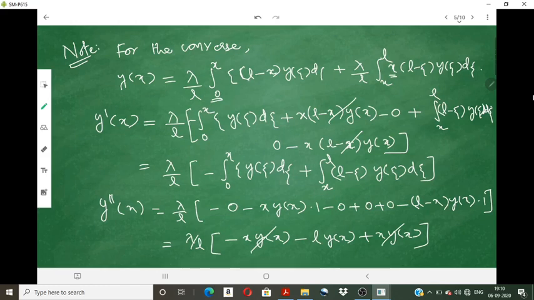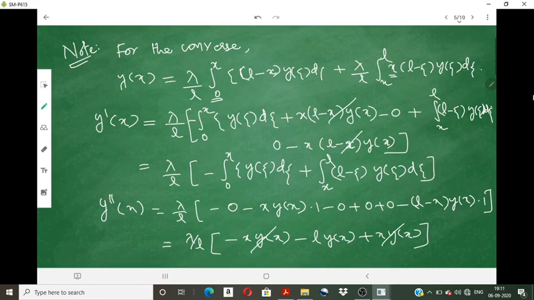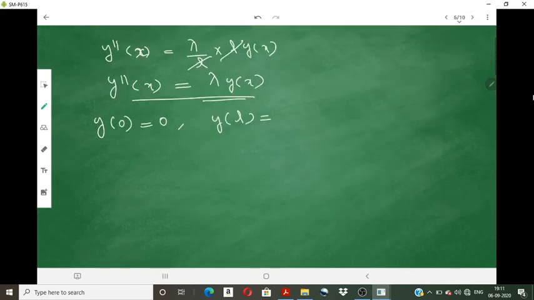The first integral will be 0, and in the second one x is contained in the integrand, so that will be 0. And if we replace x as L, the first integral will be integral 0 to L, L minus L, so that integral will be 0. And the second term will be lambda by L, integral L to L. Again, that is 0. So y of L is 0.